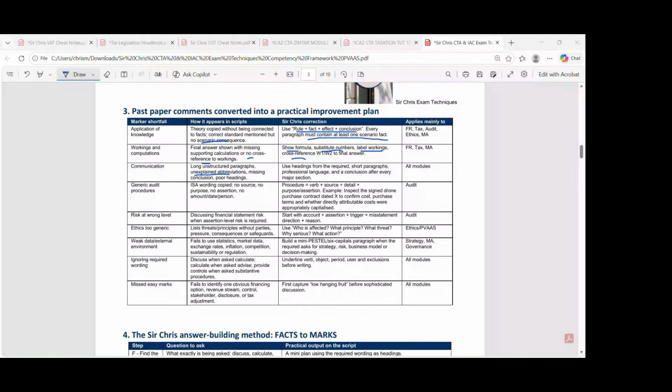Your paper is set for South Africa, there is no COB. Rather write companies and other business entities, also in brackets, therefore COB. Please, don't just put COB. That's the last point, so use headings as required, short paragraphs, professional language, and a conclusion after every major section.